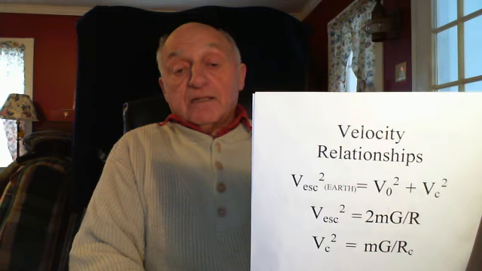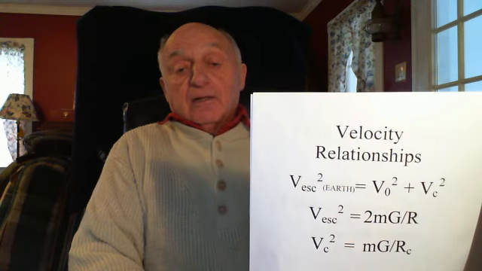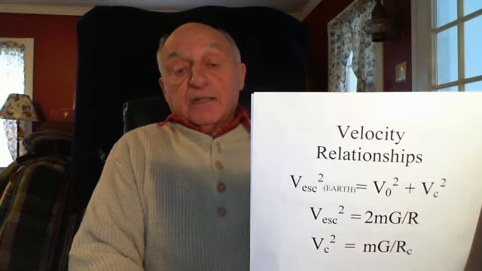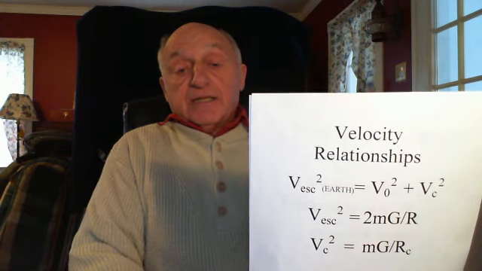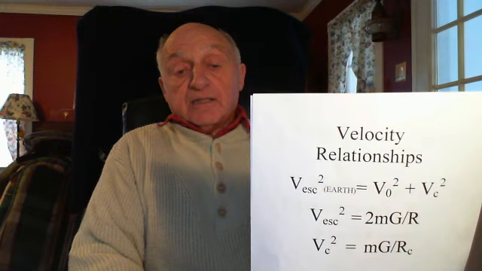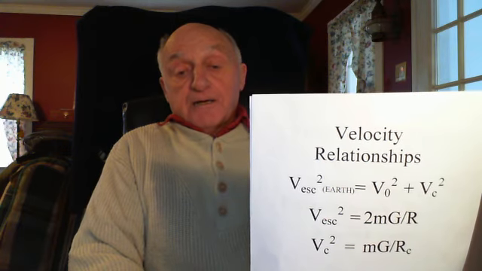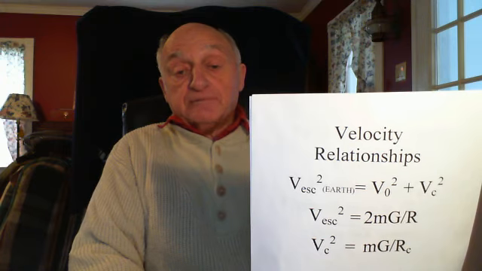So if you add the kinetic energies of the Moon in its circular orbit with the kinetic energy of the Moon in its initial kinetic energy, from which it was ejected from the Earth, you get the escape velocity of the Earth. And that's true of any satellite body, as we'll see later when we talk about the planets and the Sun.